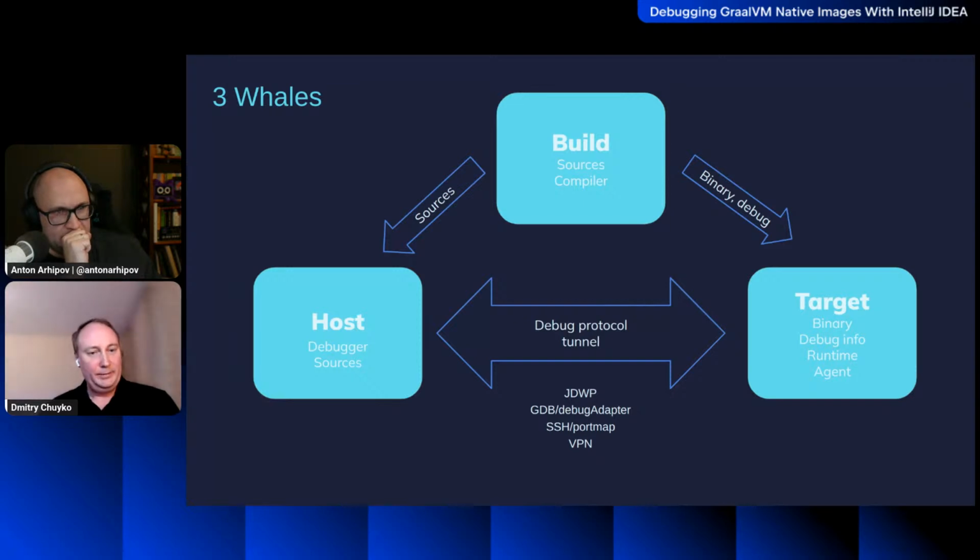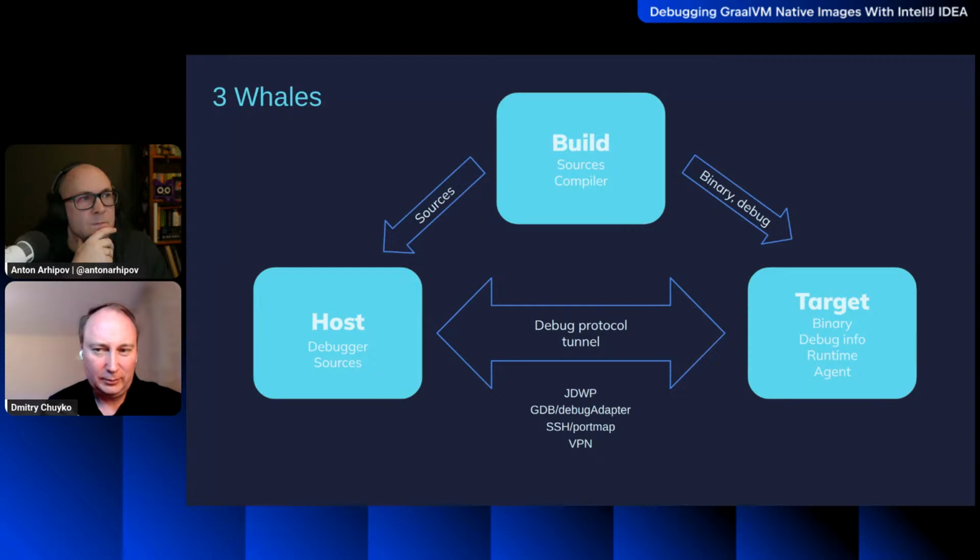And we have derived a wide set of information bits when we created it. So we need sources for debugging, we need the debug information, and we need to connect to that binary. Sometimes we need some extra management software.